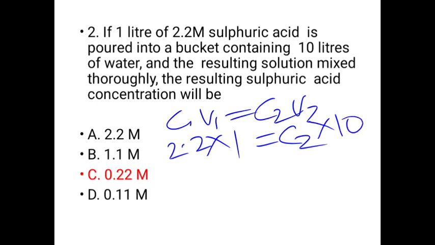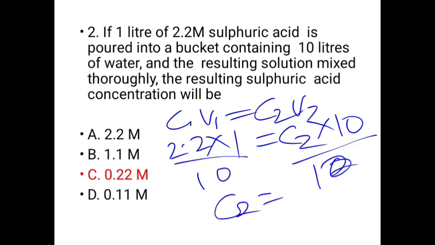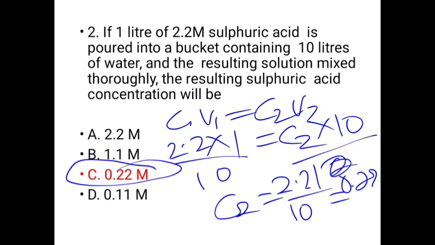To get C2, you divide both sides by 10. Therefore, C2 will be 2.2 times 1, which is 2.2 over 10. 2.2 divided by 10 is 0.22. So the concentration of the solution after mixing with 10 liters of water will be 0.22.